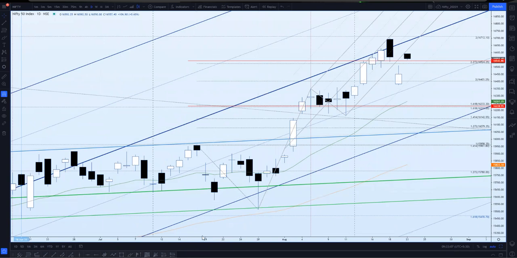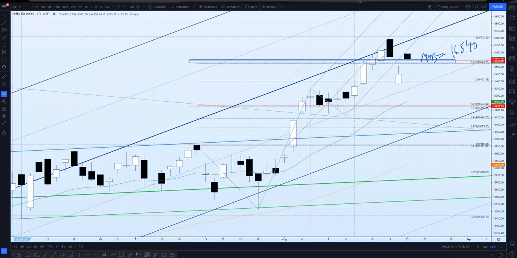So for Nifty, I believe we have to keep this same zone of 16,540. I would keep this zone as the make or break level from a weekly perspective. So for this week, our make or break level will remain 16,540.